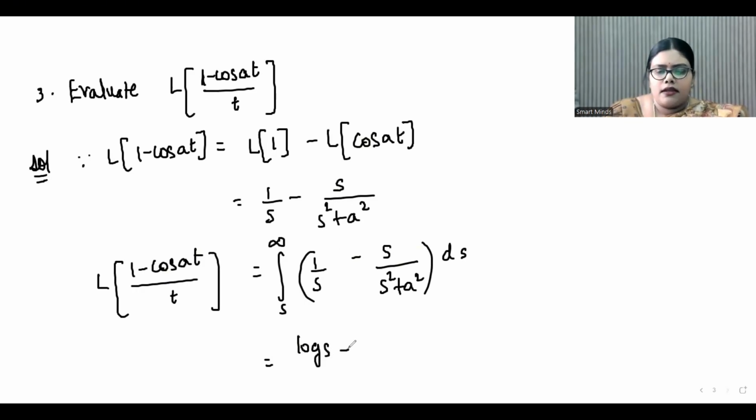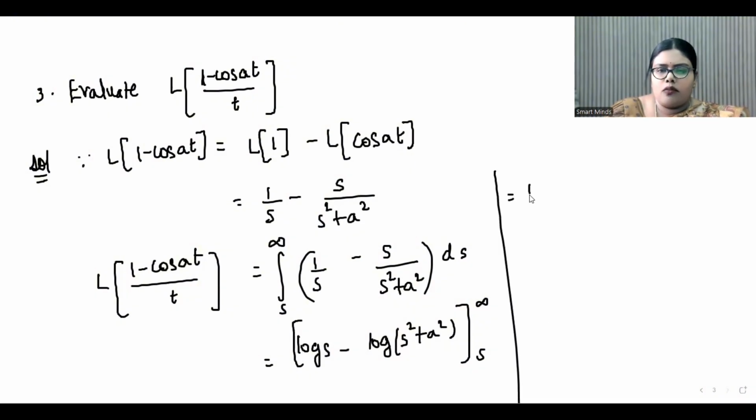So what is integral 1 by s? Log s. Minus, what is integral s by s square plus a square? It is half log s square plus a square. Now apply the limits s to infinity. Now, how can we write this? What I will do is multiply and divide by 2.